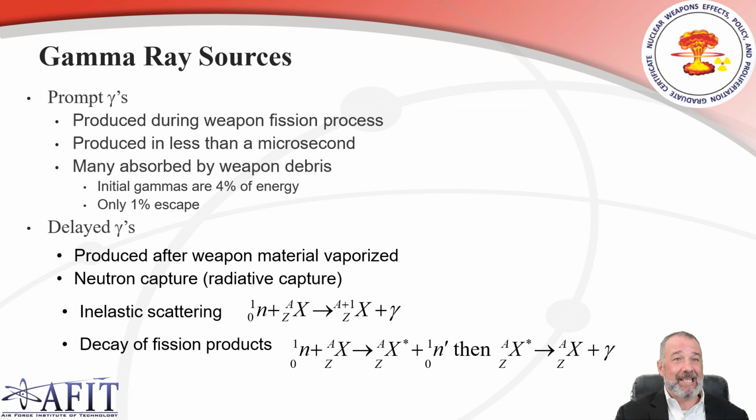Now, the gamma ray sources, as I mentioned in the previous lectures, there's something called prompt gamma rays. And sometimes it's misleading when you try to find out what exactly is the definition of prompt gamma rays. It says they're produced in the fission reaction. That's not true. In fact, what happens on these very short, nanosecond timescales is that our fission fragments are given kinetic energy, but they also are in an excited state.